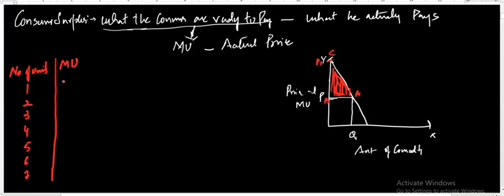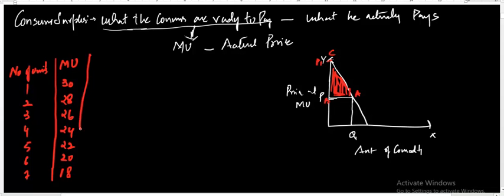Say for example, the marginality is the addition made to the total utility by the additional consumption of a commodity. Say for example they are 30 and it has to be falling, that is 28, then 26, then 24, then 22, then 20 and then 18.